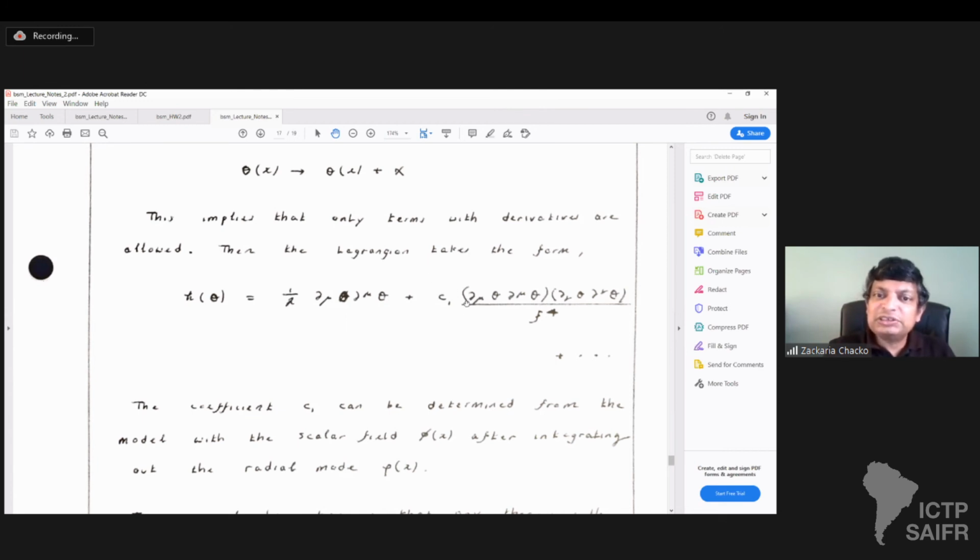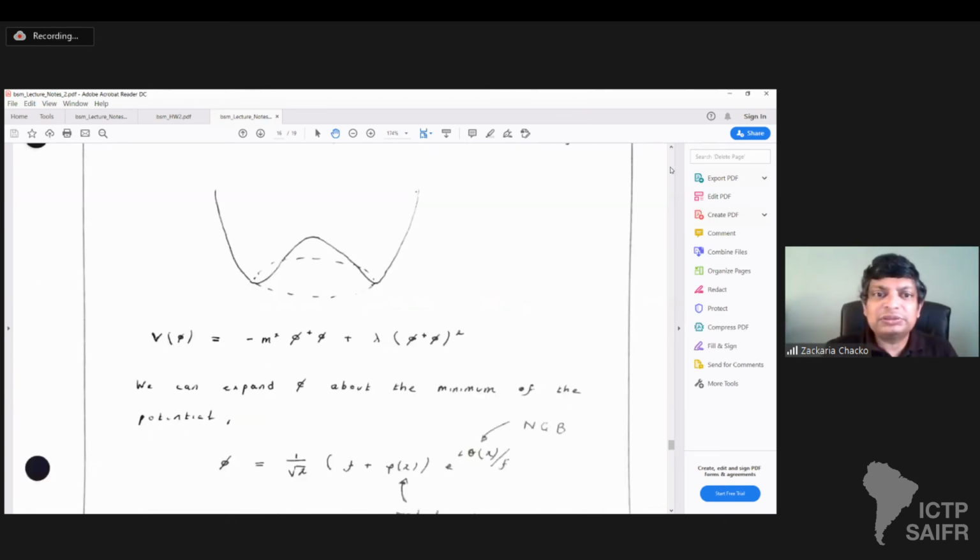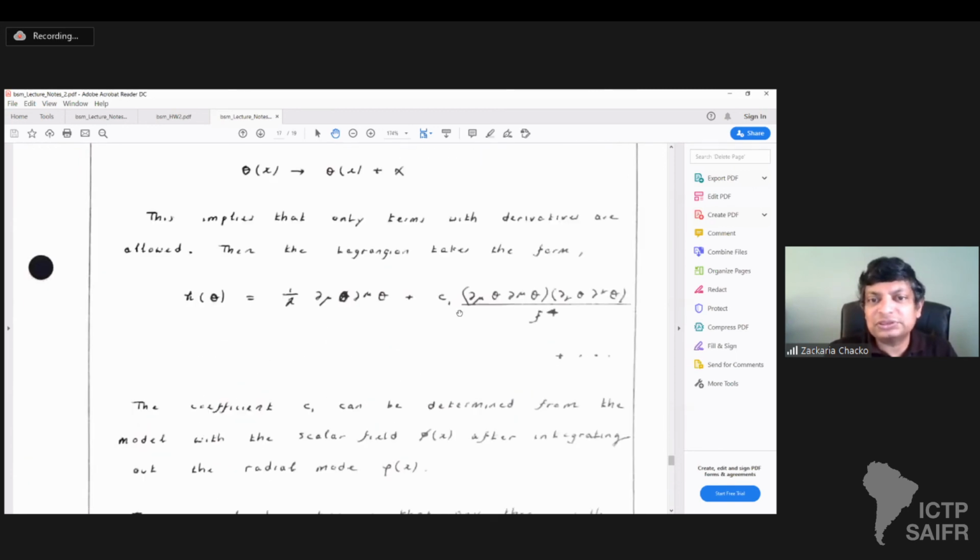C1 is not going to be the same in our Mexican hat theory as in some strongly coupled theory that breaks the U1. Or if you have a theory with two scalars that couple to each other and break the symmetry, the value of C1 you're going to get is not the same as in this theory, in general.